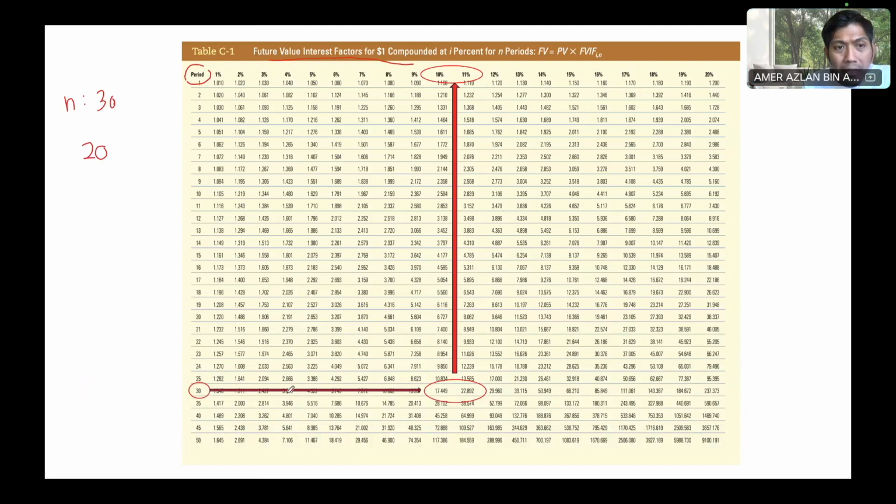And we scroll further until we find the value of 20. So 20 falls between 17.449 and 22.892, right? So 20 falls somewhere here. So you go up and you find the answer here, between 10 to 11%.